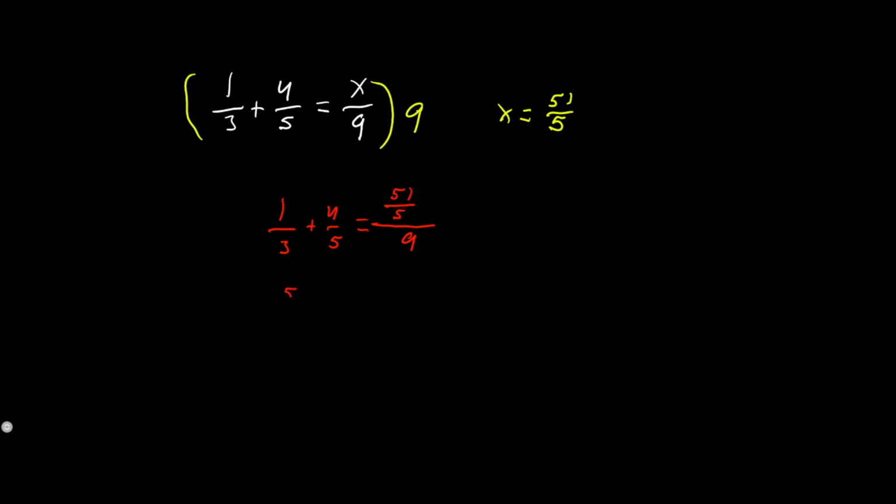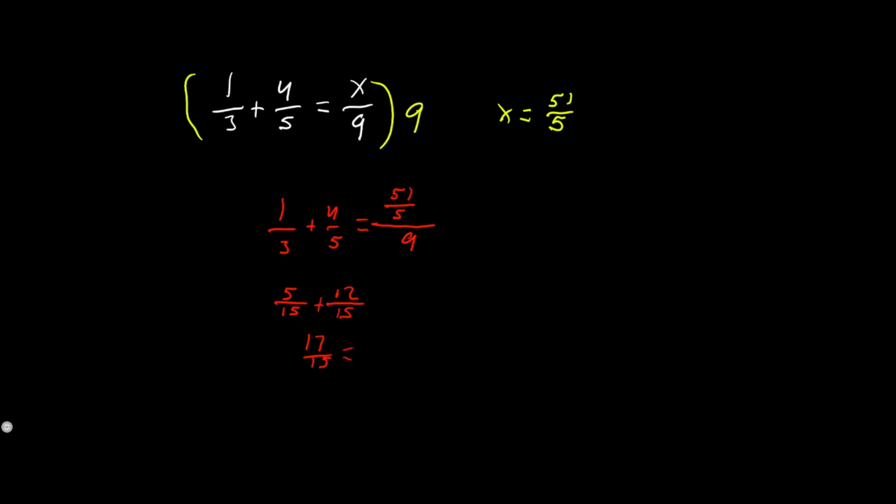So we get 5 over 15 plus, and we're going to multiply 3 times 4, which is 12, and 3 times 5 at the bottom is 15. So here we're going to get 17 over 15.